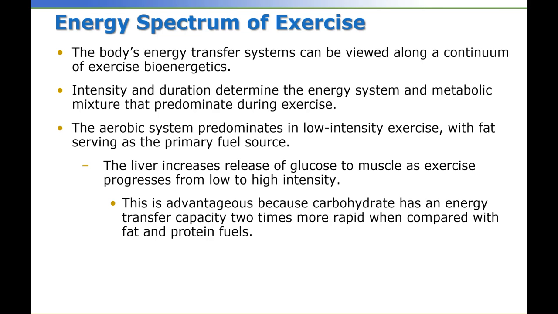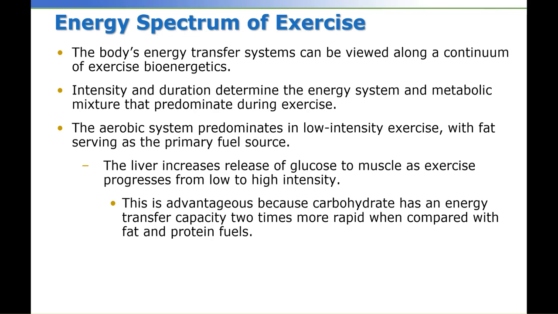The aerobic system predominates in low intensity exercise with fat serving as the primary fuel source. Liver increases the release of glucose to muscles as exercise progresses from low to high intensity, and it's advantageous because carbohydrate has an energy transfer capacity 2 times more rapid when compared with fats and proteins. So we talked about this a little bit before, and pretty much this is the whole bonking effect, where if you go past your 75% of VO2 max, it's around there, okay, because there's a difference between trained and untrained.